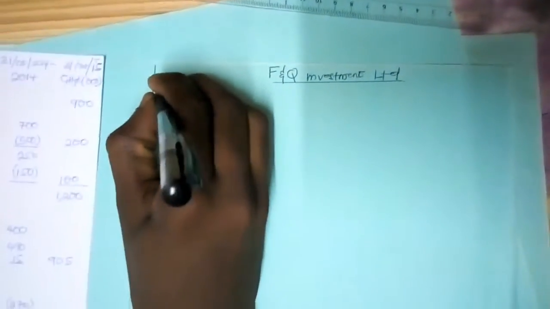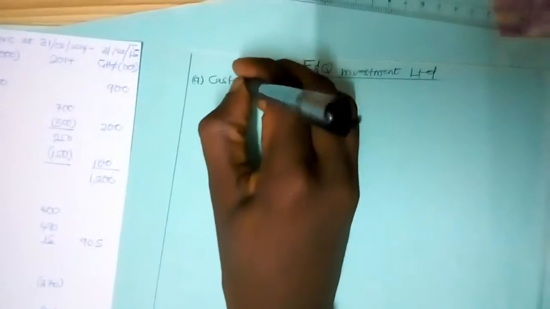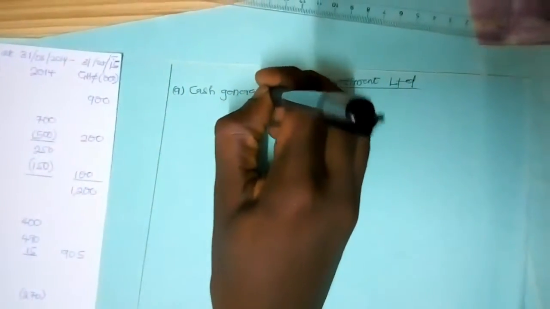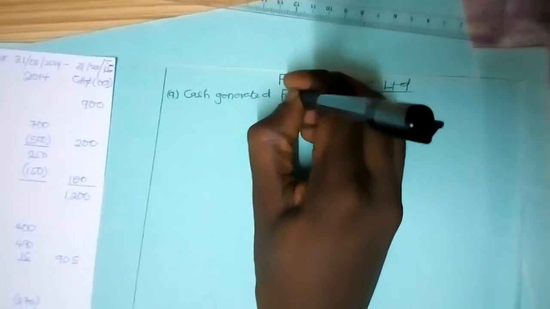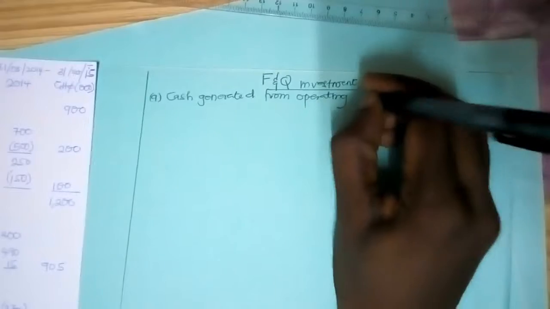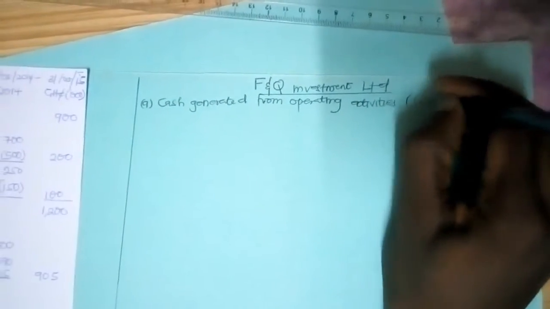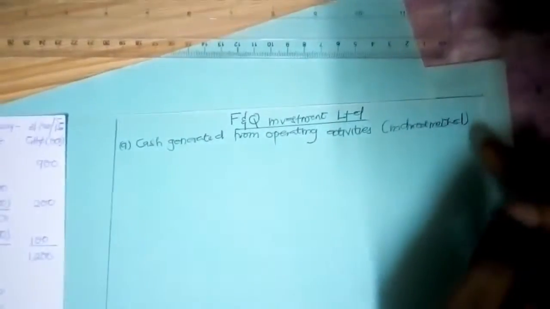Then we are calculating cash generated from operating activities. Please note here that we are using the indirect method. So here we are going to find the probate, add depreciation, stock, and then we'll get cash generated from operating activity. So let's get started.